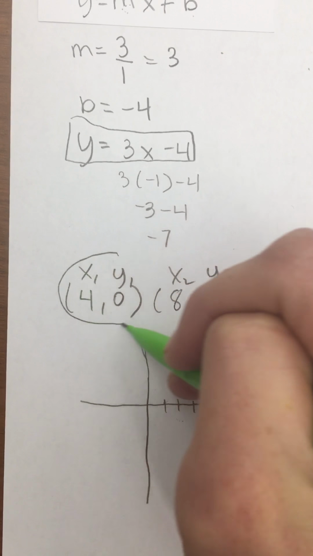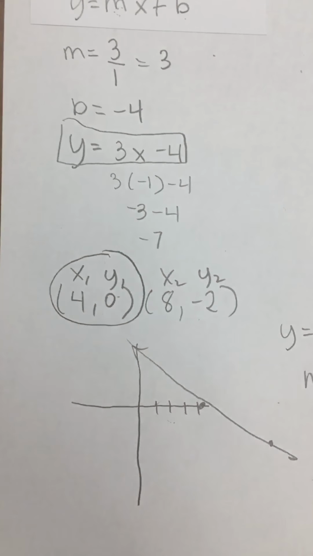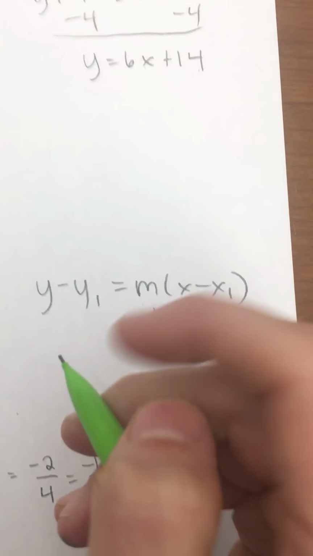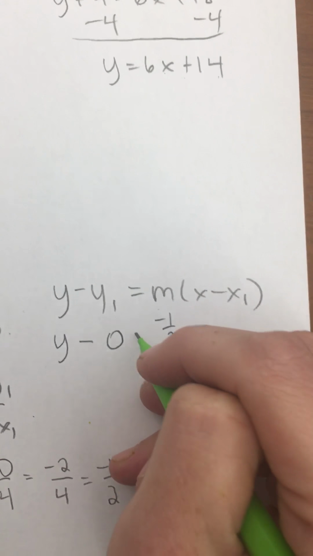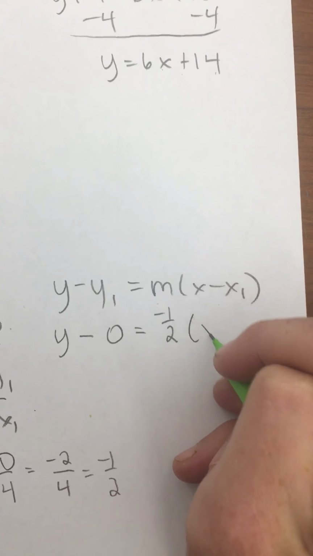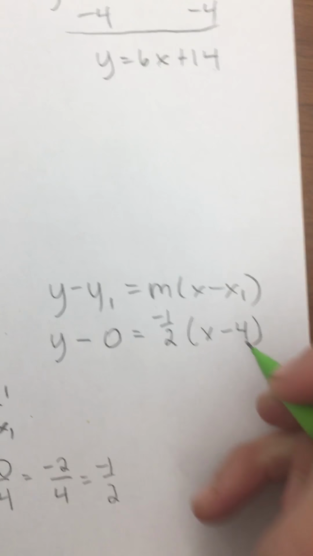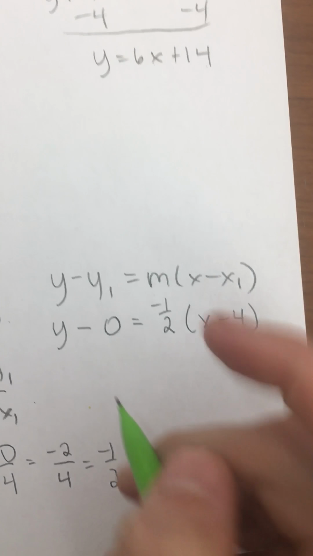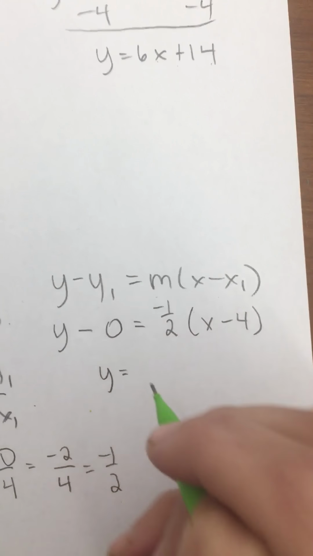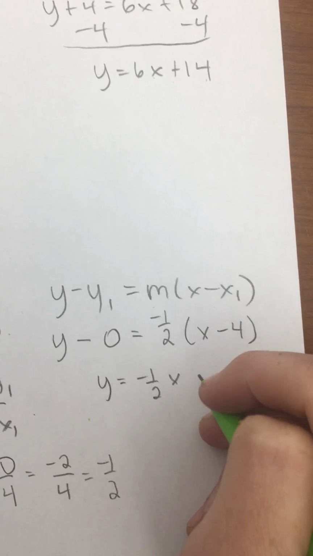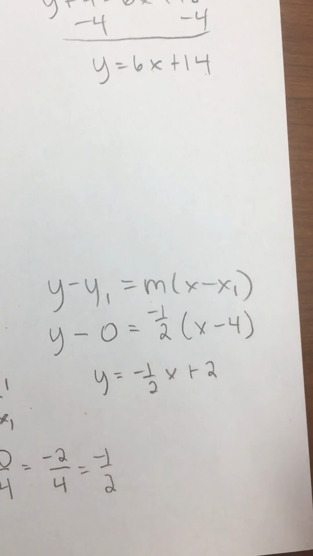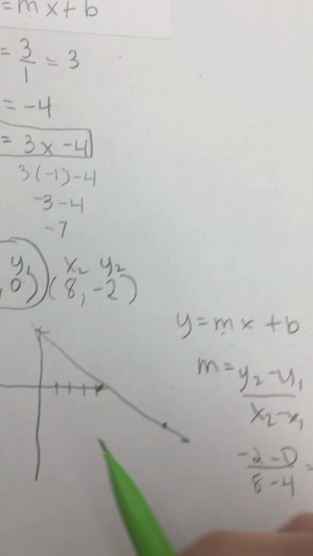I'm going to choose my x1 and y1, and substitute that into the formula. So we got y minus my y1 value, which is 0, equals -1/2 times x minus my x value, which is 4. And so I have y equals -1/2 x, distribute the 1/2, plus 2. And there's my formula that will describe this line.